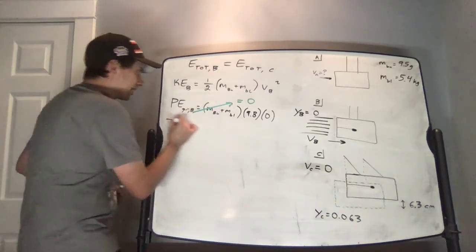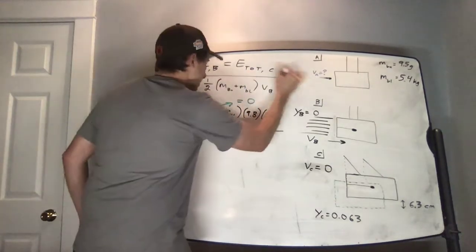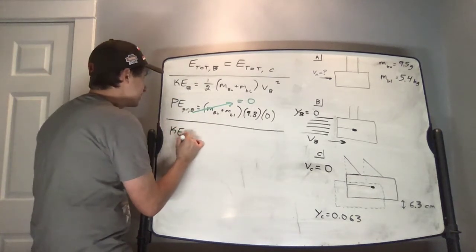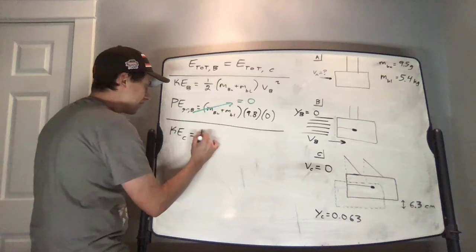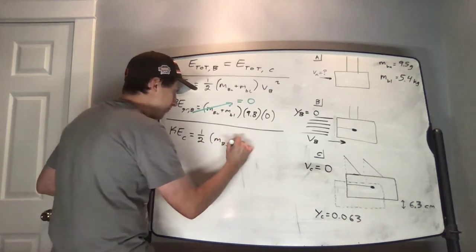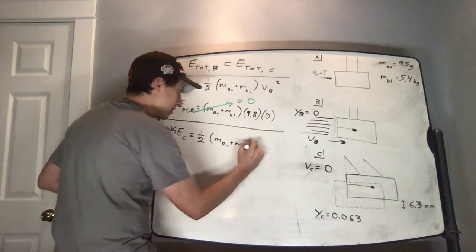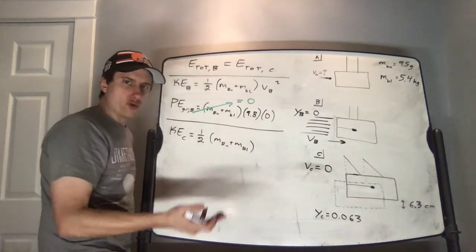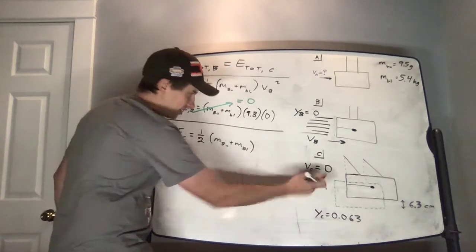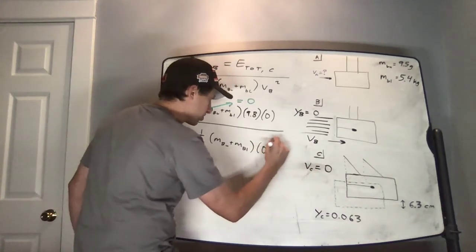Similarly, I could look at the energy at moment C. Kinetic energy at moment C is going to be 1/2 times the mass of the objects, mass bullet plus mass block, times the speed at which they're moving at this moment, squared. The speed squared is going to be 0, so times 0 squared.